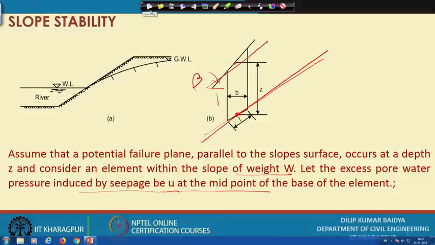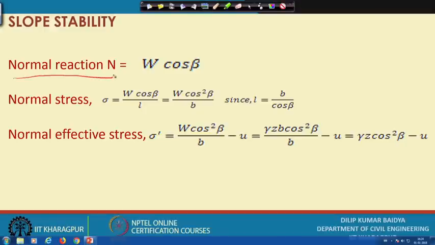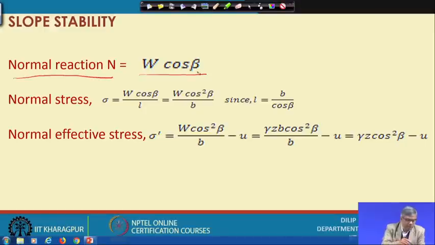That means, when there is flow taking place within the soil, how does the analysis change? Let us see that. You can see now the normal reaction N will be W cos beta, and the normal stress will be normal force divided by area.